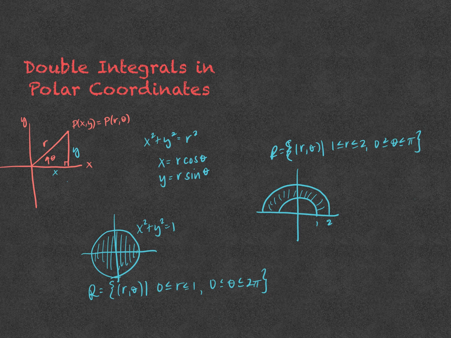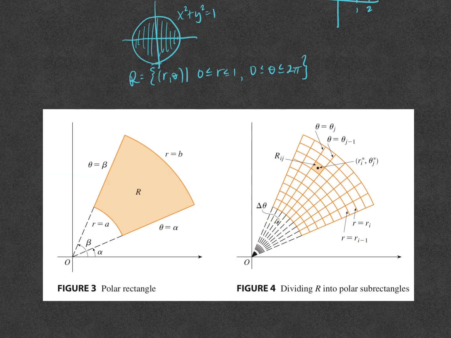These two pictures are special cases of what they call a polar rectangle. A polar rectangle is part of a circle. Here we have a polar rectangle in figure 3, and it's divided into subrectangles in figure 4. Let's go back to figure 3 real quick.